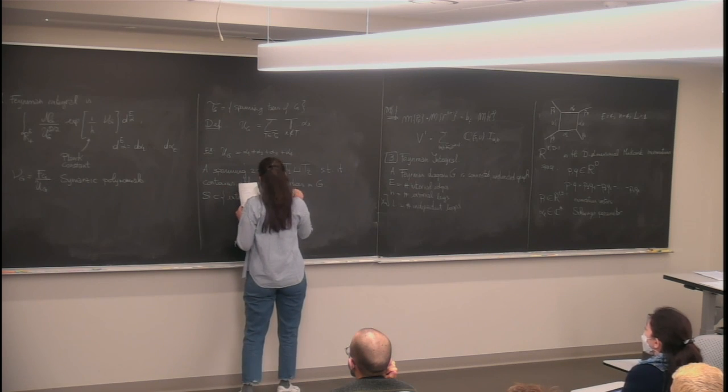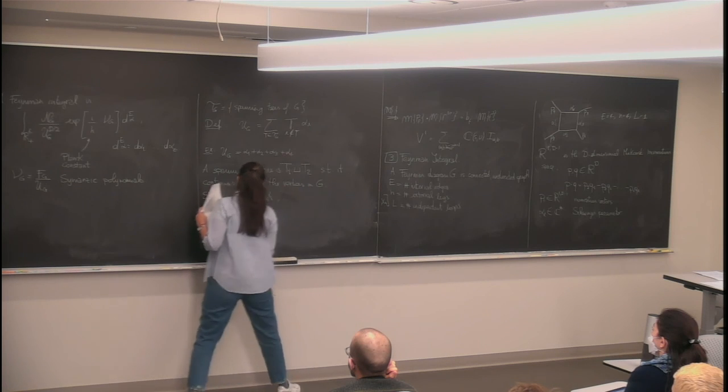And then once we fix a subset S of the external legs, then we define T of S. Let me write it in this way.